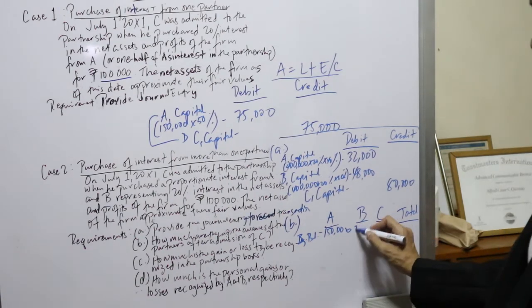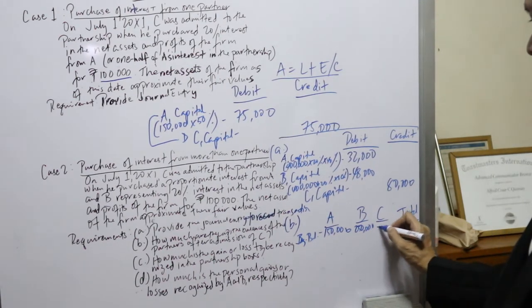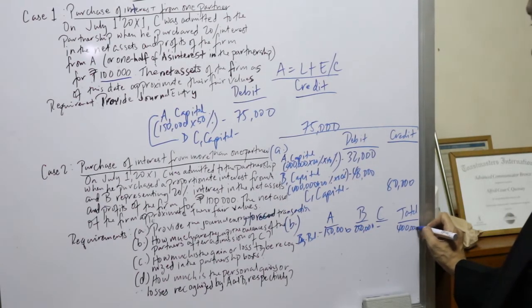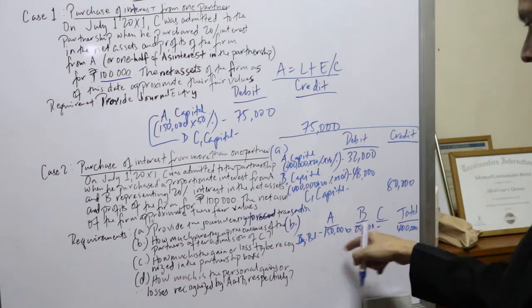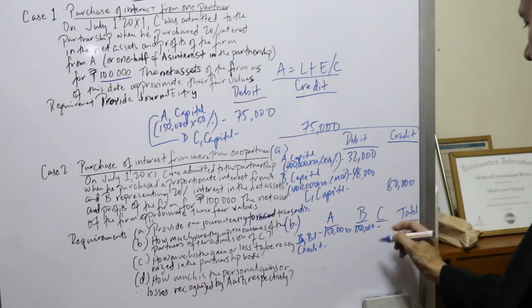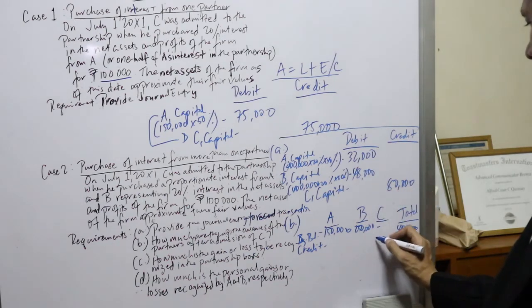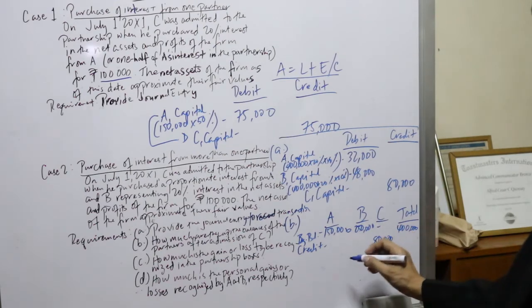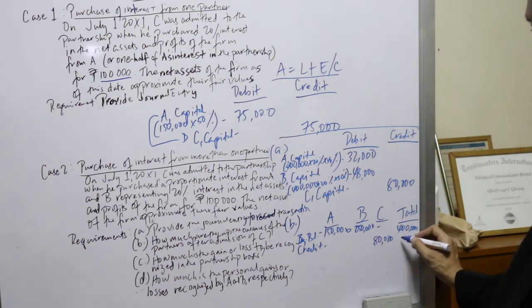For B, that would be 250,000. And for C, wala pa siyang beginning balance kasi dumating lang naman siya after na. And then yung credit will give C credit of how much? 80,000. 80,000 lang naman yung credit niya. Okay? So lagay natin dito 80,000 credit.